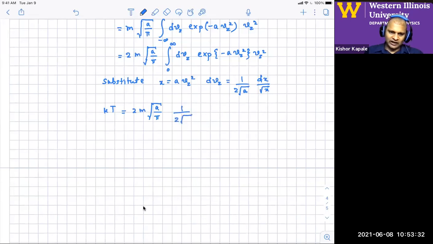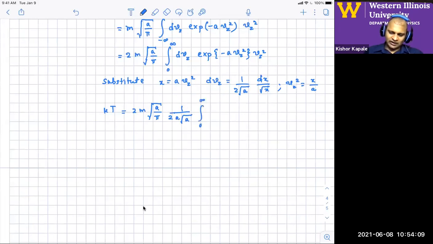This 2 root a will just come out, and then there should also be one more a, because x is a vz squared, so we will need an extra a because vz squared is equal to x over a. So you will have here 2 times a root a, and then you are left with the rest of the integral from 0 to infinity.